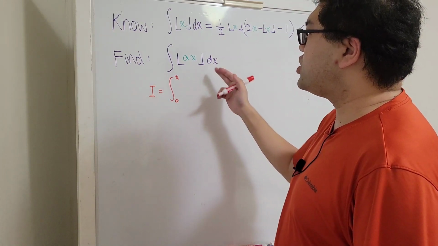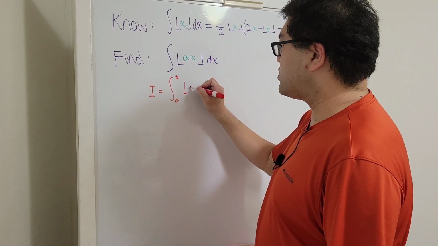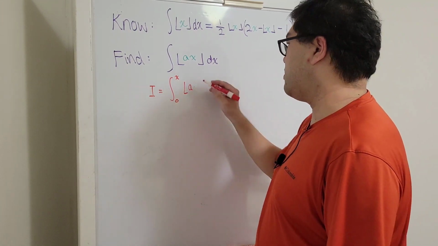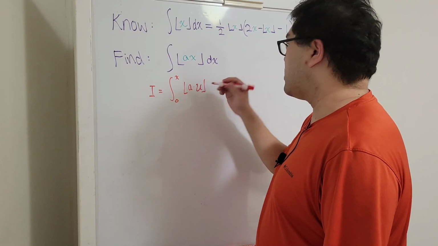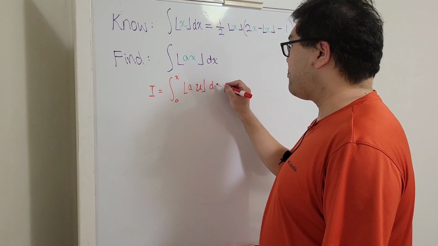And now we're going to change the inside function into the floor function of a times some dummy variable, let's call it u here. And then, of course, we're going to take the integral with respect to u.